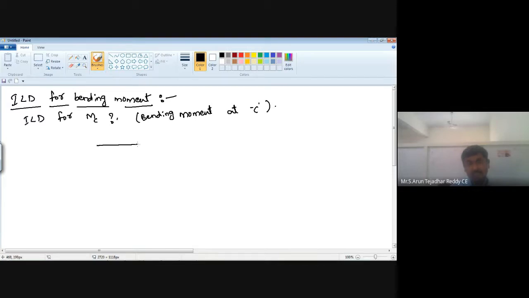Consider a beam, maybe simply supported, and somewhere here acting point C. So my question is to find the influence line diagram at C. It means here we need to find the MC value, that is the bending moment at C. This is my question.